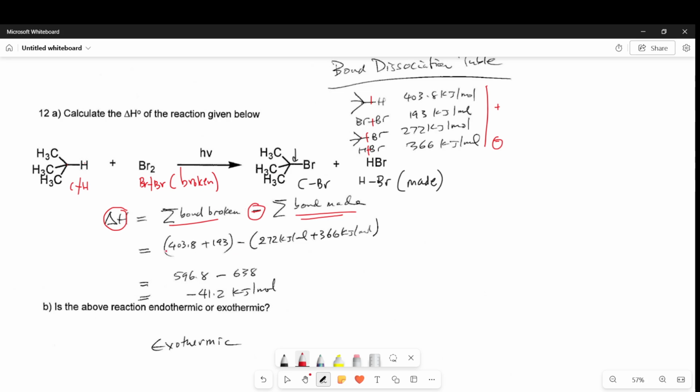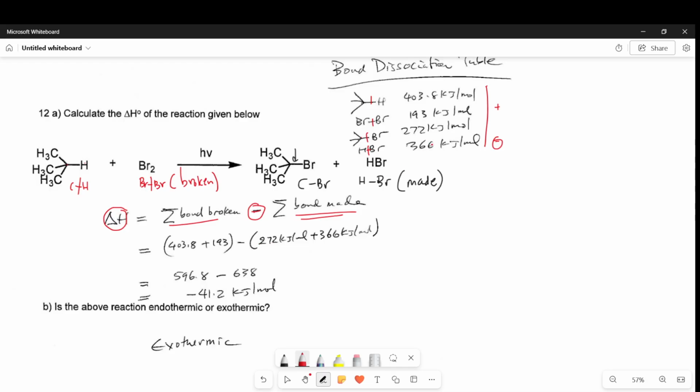So first, let's add the bonds broken. 403.8 is for carbon-hydrogen. 193 is for bromine-bromine, broken. That's endothermic, a plus. Minus bonds made. The carbon-bromine bond is made, so that's minus 272.